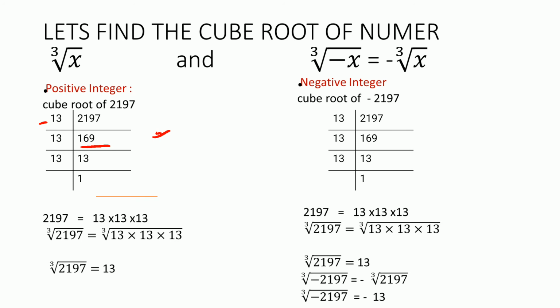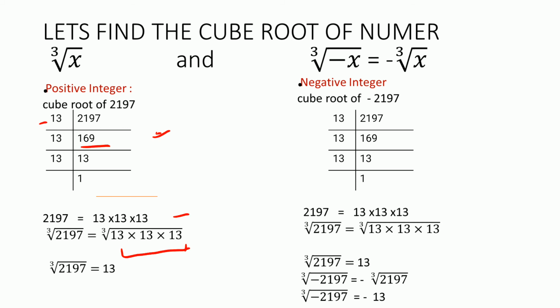Okay, 2197 is equal to 13 multiplied by 13 multiplied by 13, and we will put the sign of cube root on 2197 and also on 13 into 13 into 13. Make a triplet.